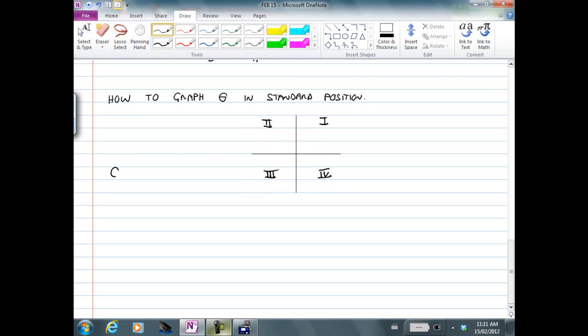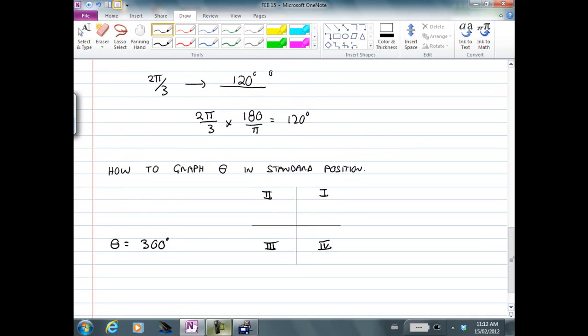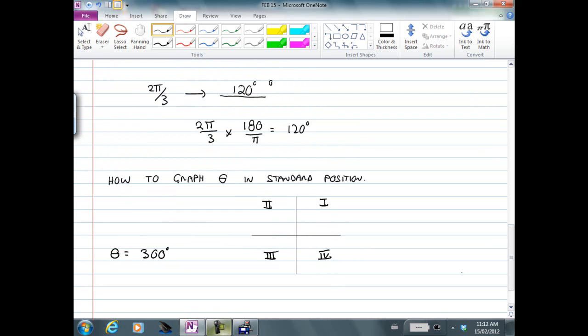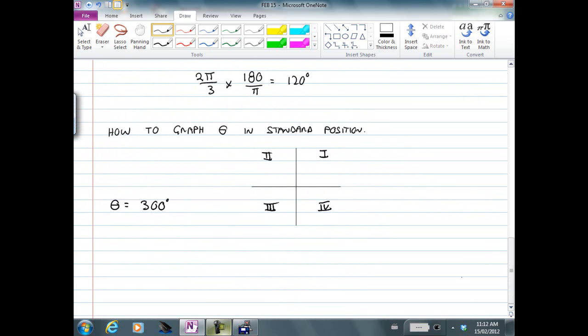Let's say I have theta equals 300 degrees. Theta equals 300 degrees. Quadrant 4.